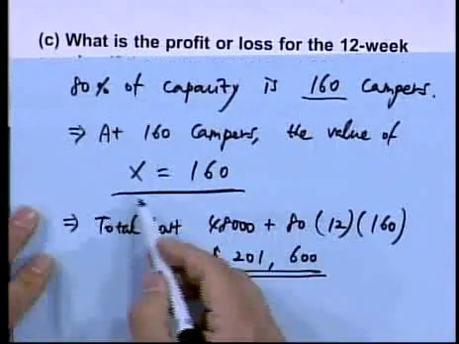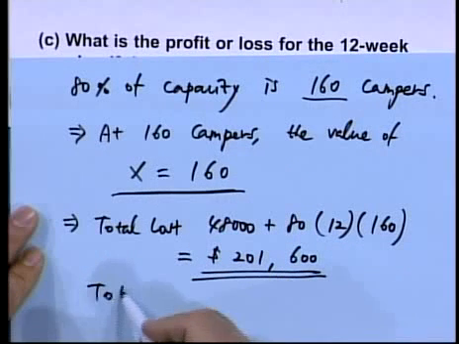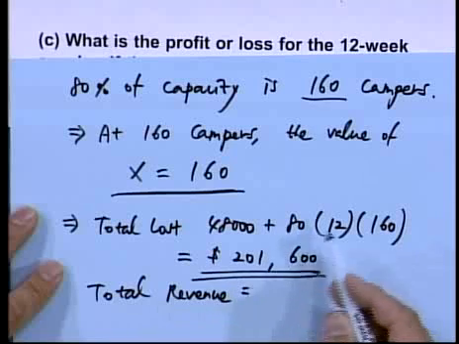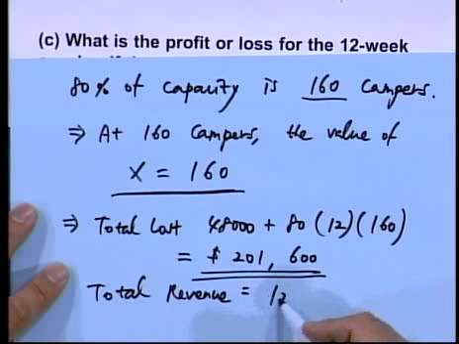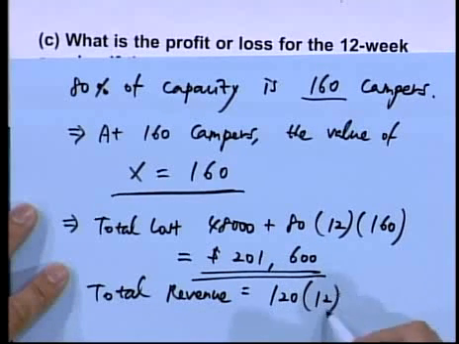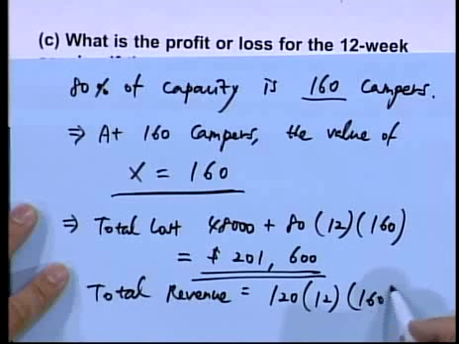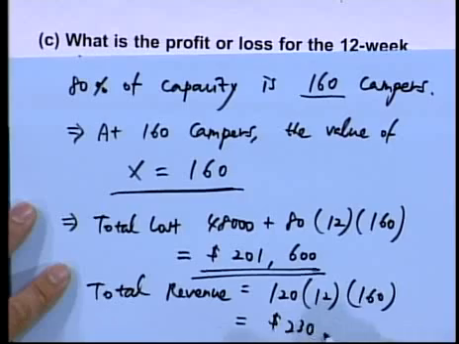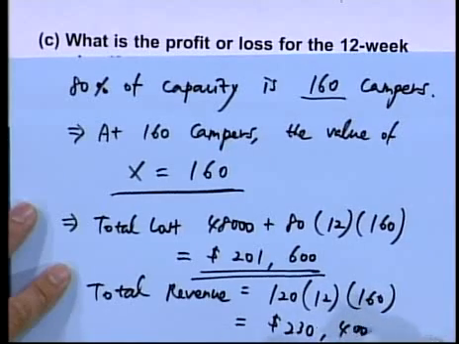Likewise, with X equals 160, total revenue would be 120 times 12 times 160, which is 230,400.